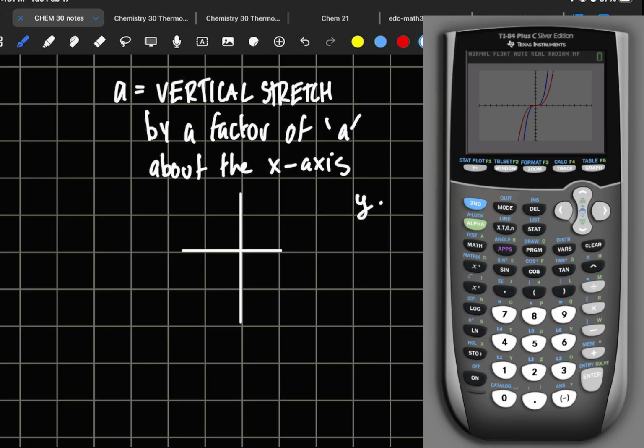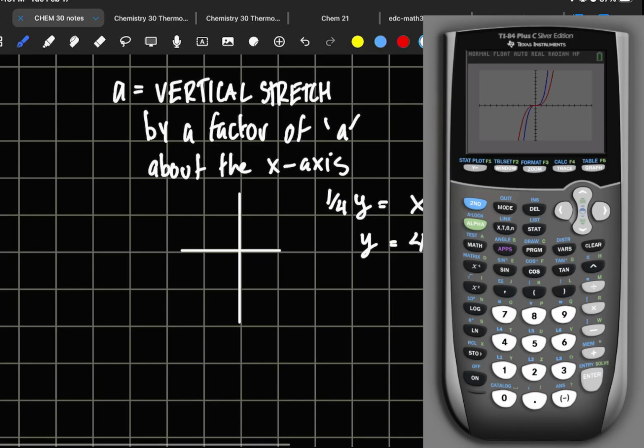If we had 1/4 y equals x plus 3, and then you multiply both sides by 4, you get y equals 4 times x plus 3.